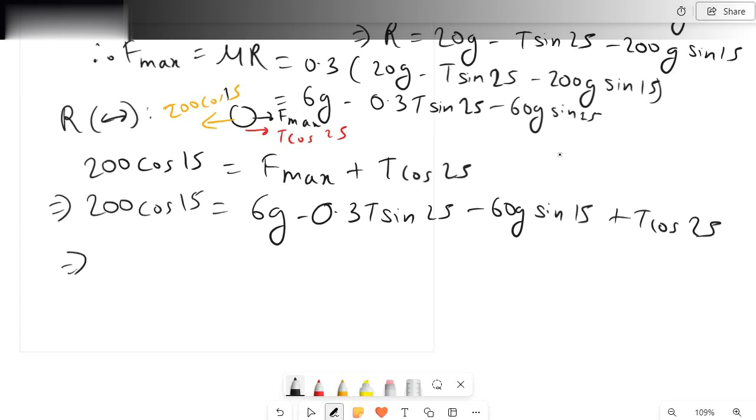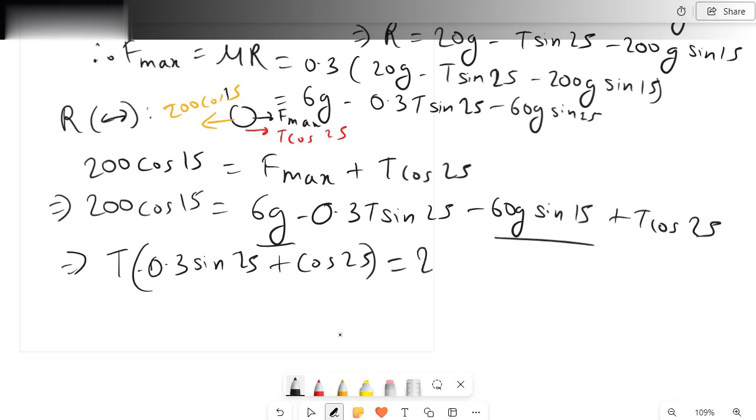So therefore, taking a common factor of t, we get on this side minus 0.3 sine 25 plus cos 25 is going to be equal to 200 cos 15 subtracted with 6g, which is this one, plus 60g sine 15, as the signs change when you move the terms to the other side.